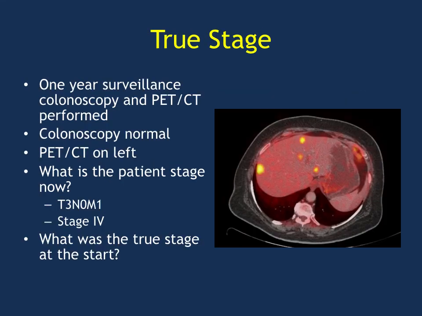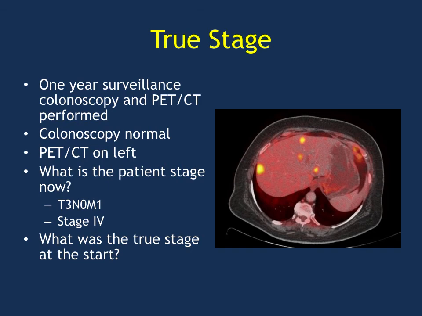Well, unfortunately, 1 year surveillance came around. He had a colonoscopy and had a PET CT performed. Colonoscopy showed that there were no intraluminal abnormalities, no recurrence at the anastomosis. But on the PET CT, he had, as you can see, lesions in his liver.